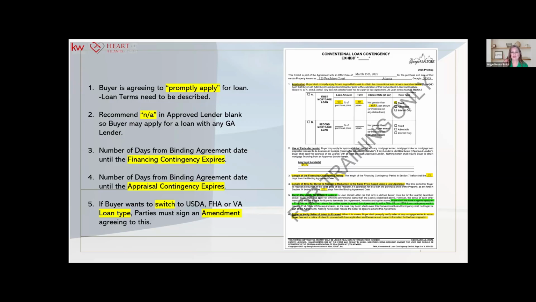It's not something that the lender can just change loan types and just think that as long as they can get the loan approved, everything's fine, because at the end of the day, FHA will not insure a loan if they do not have a seller's signature on their amendatory clause language, also known as their appraisal contingency language. Not to mention the fact that the buyers agreed in this document that the only way they can legitimately do that is if the seller agrees. So on every level, again, we have to make sure that the lender's educated on that and that the buyer's educated on that. So let's look at page 2 of the exhibit.